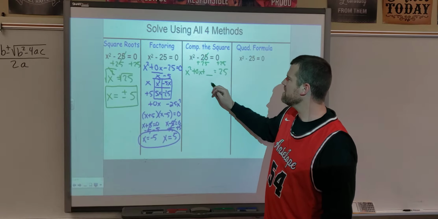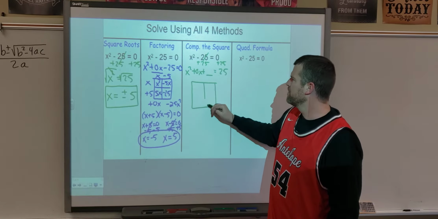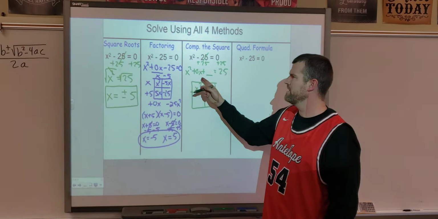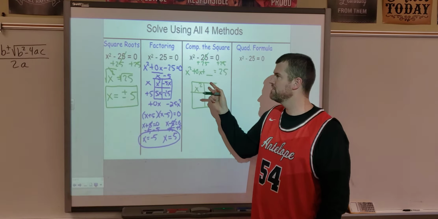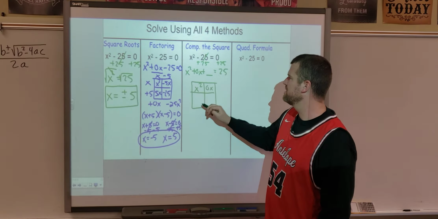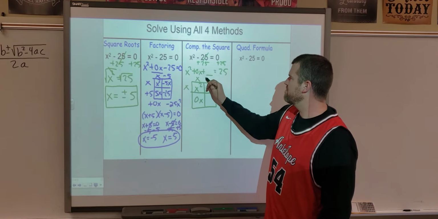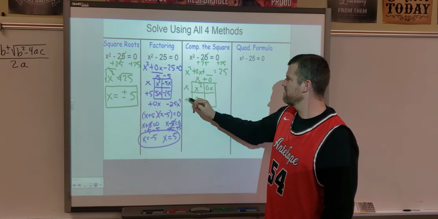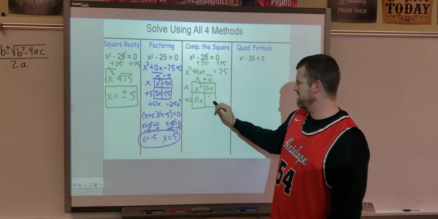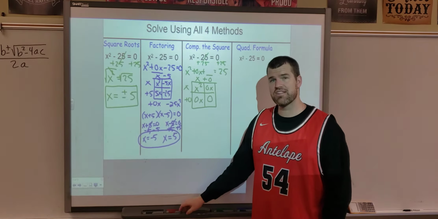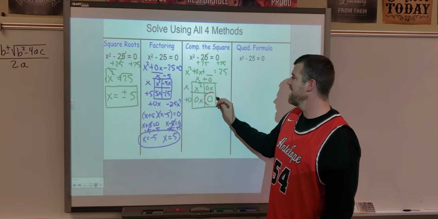And this is kind of weird, right? I'm going to plug in x squared. I'm going to split 0 in half. Okay, so that's just 0 and 0, which means this is x plus 0 plus 0. So 0 times 0 is 0. So what am I adding to both sides? That's right, I'm adding a 0.